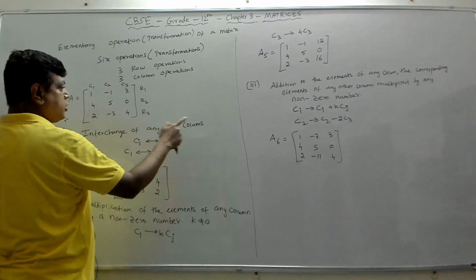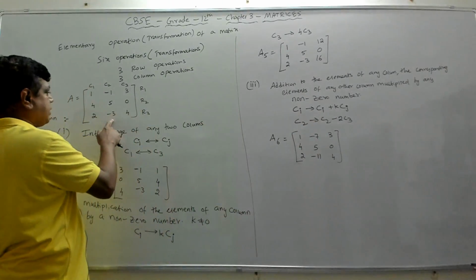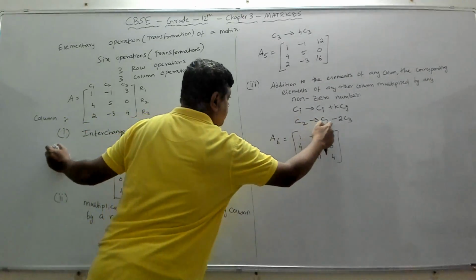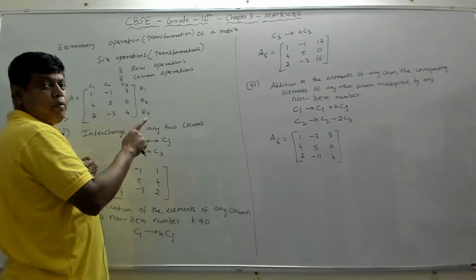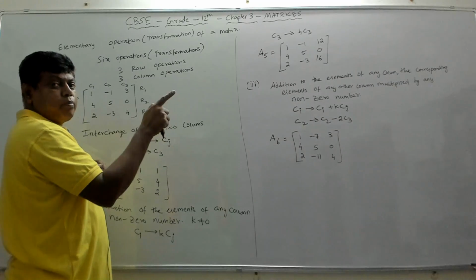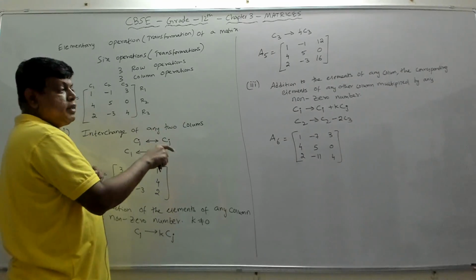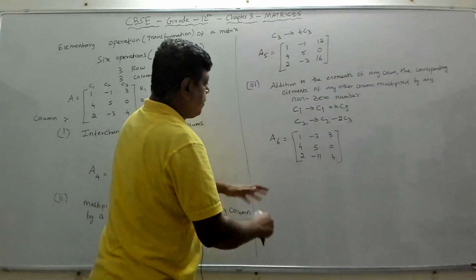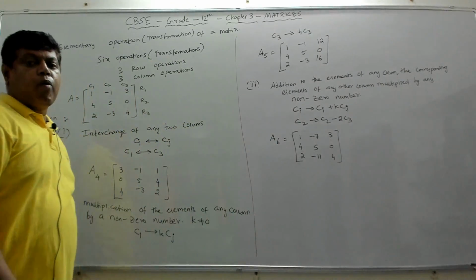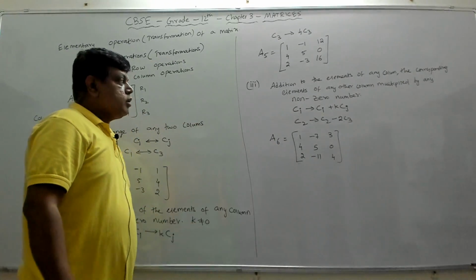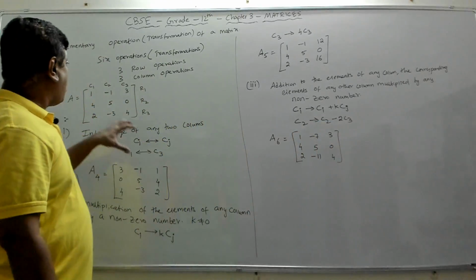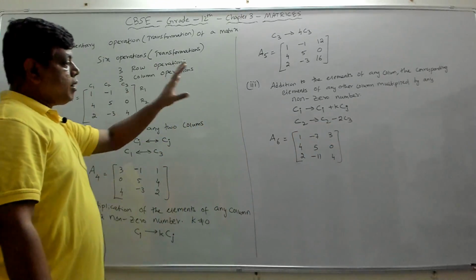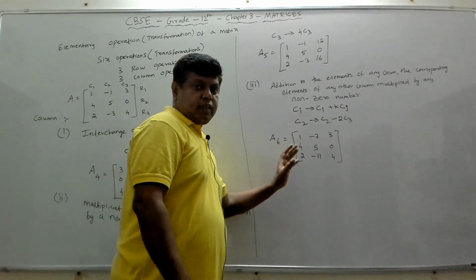So this is your transformed matrix. When you apply this operation C2 implies C2 minus 2 times C3 on the matrix A, you get another matrix. I call that matrix A6.